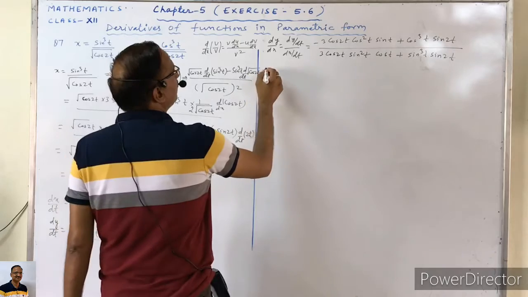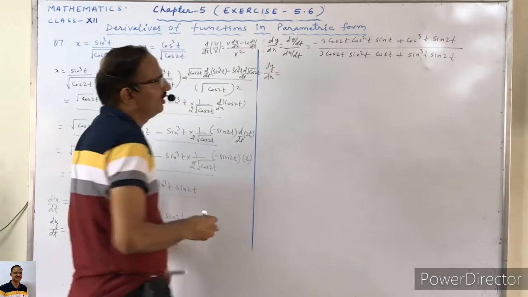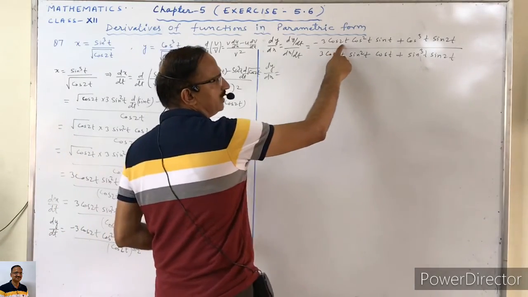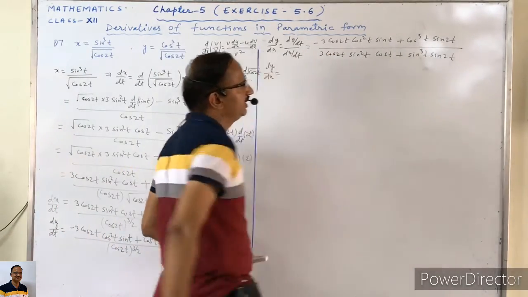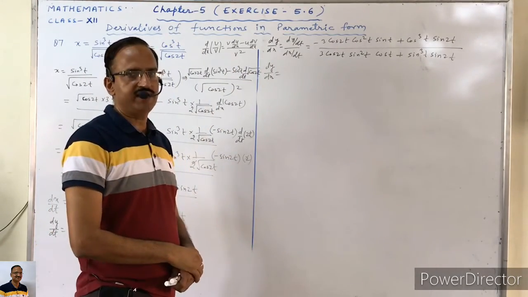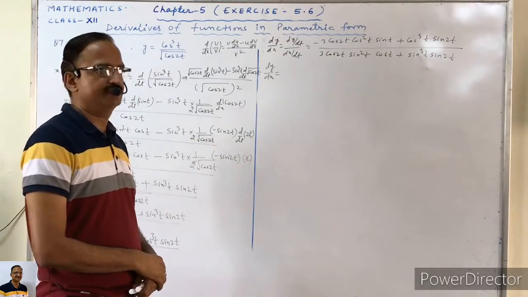Now on the left hand side we have dy/dx. On the right hand side we will put the value of cos 2t and sin 2t. The value of cos 2t is 2 cos square t minus 1, and also 1 minus 2 sin square t.